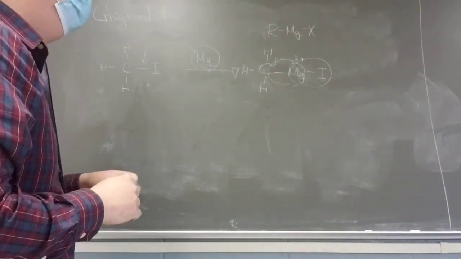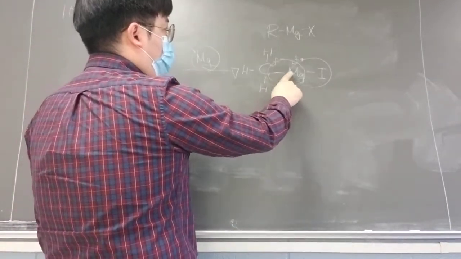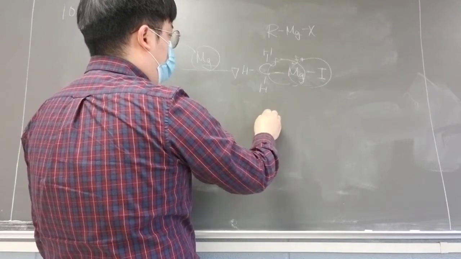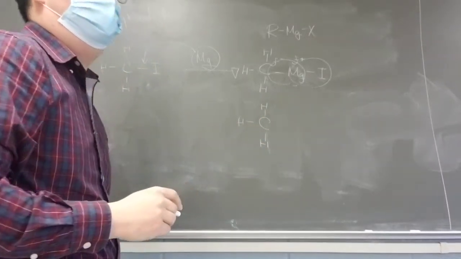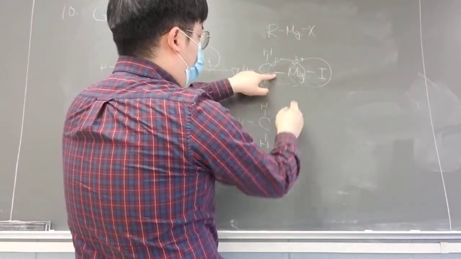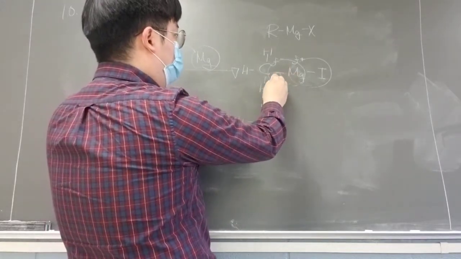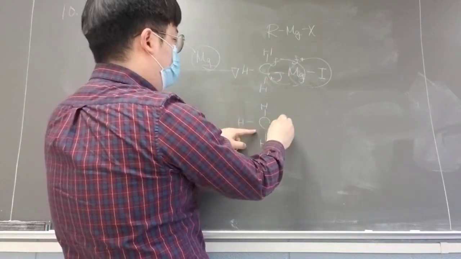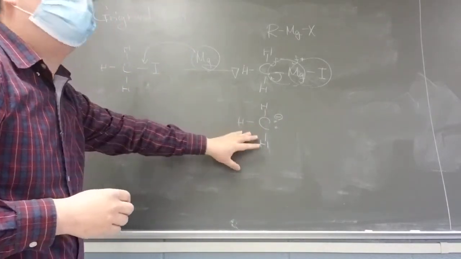Okay? And then eventually they kind of make more like a salt type of interaction there. So the bond will actually go onto the carbon. So that becomes a negative charge, which is quite uncommon. We call this a carbanion.